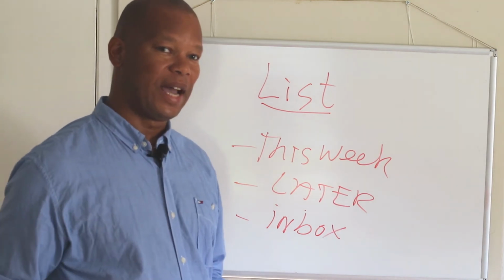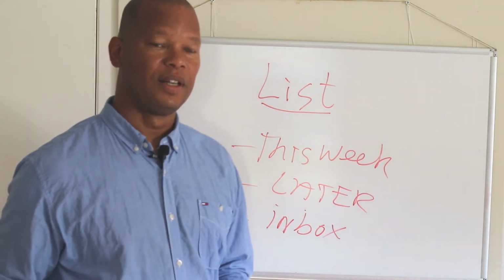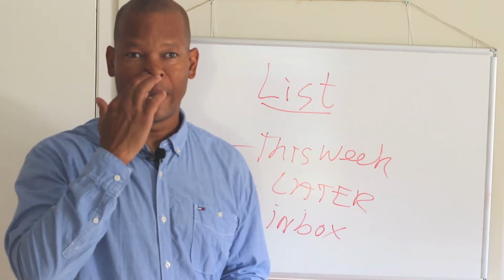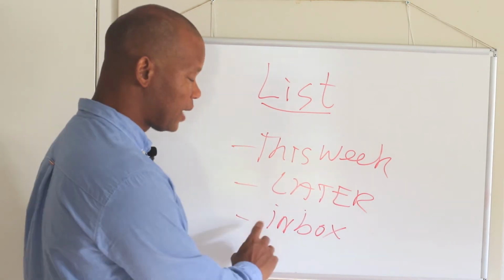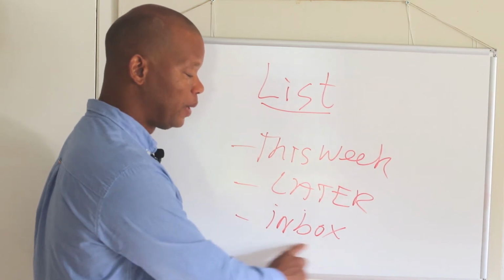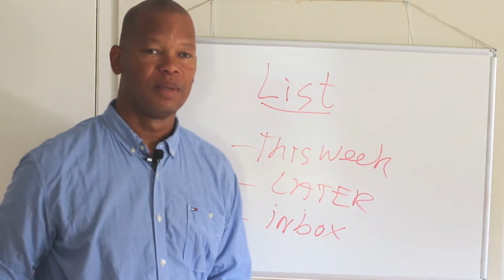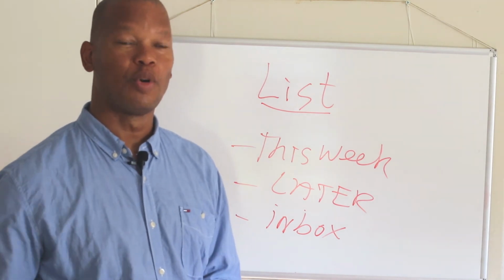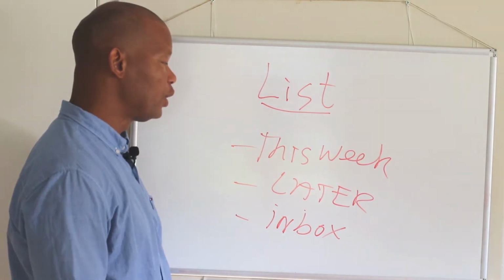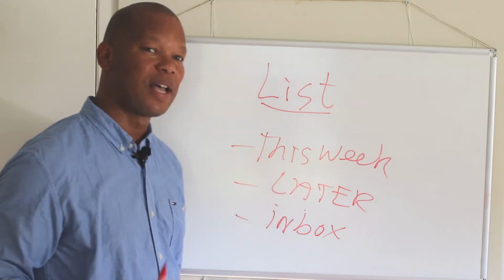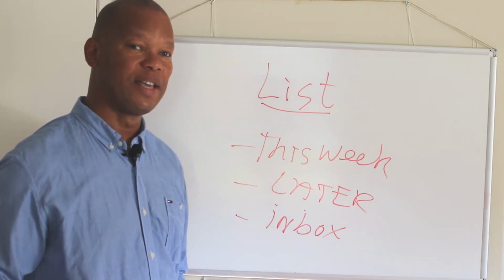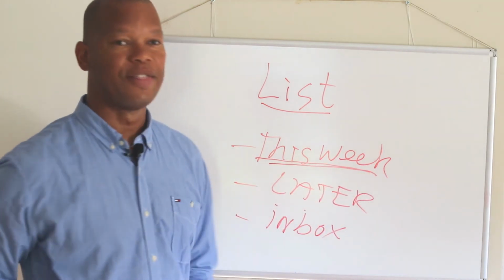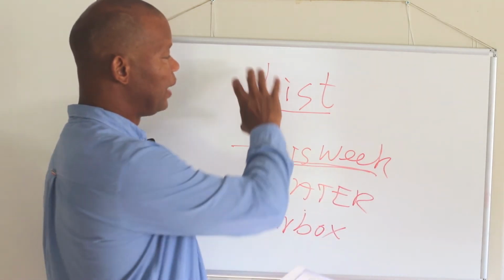Let me say this first. When you brainstorm about tasks, you brainstorm and you get 50 tasks. All the tasks should be marked as inbox, because they are just in your inbox. Then, the second step you're going to do on a weekly basis is check the tasks and see which tasks need to be done this week. For those tasks, you will put this week in the list field.